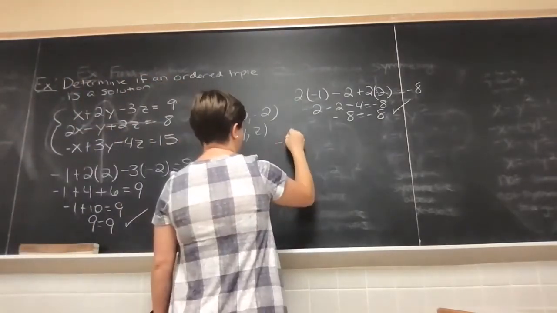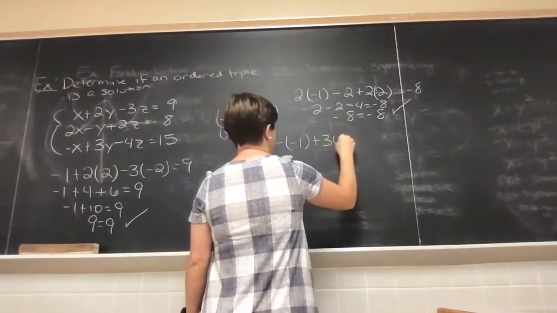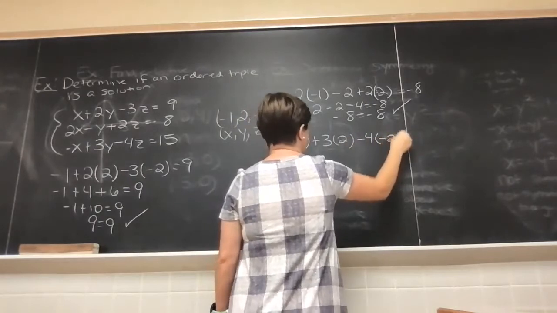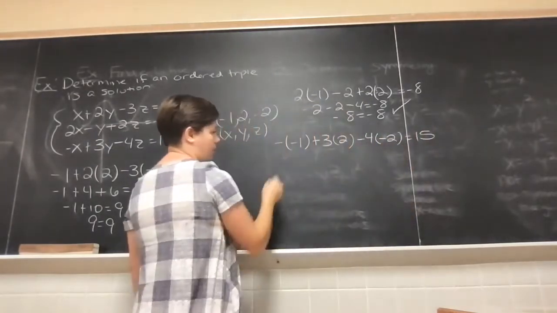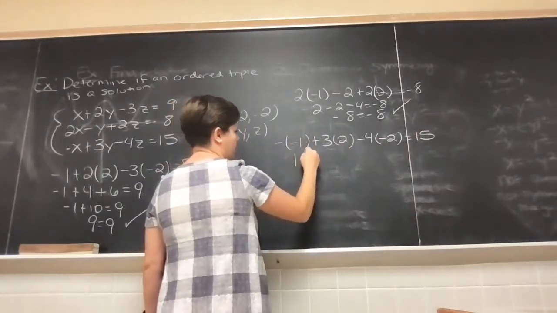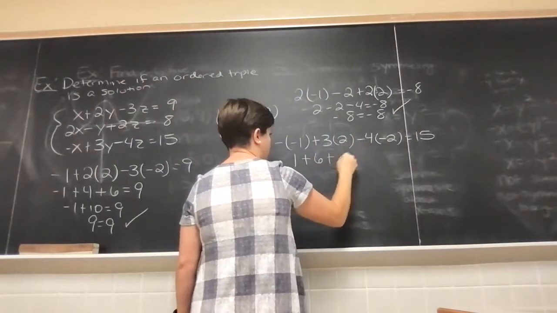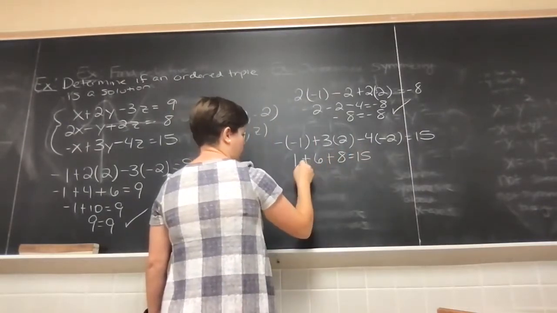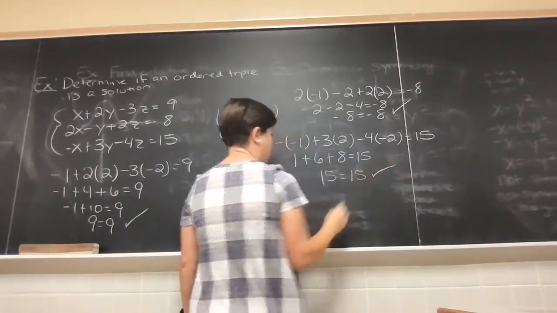So it says we have a -x plus 3 times our y minus 4 times our z equals 15. Negative times negative is a positive. 3 times 2 is 6. -4 times -2 is a positive 8. 6 and 8 makes 14, 15. So we have 15 equals 15, check.